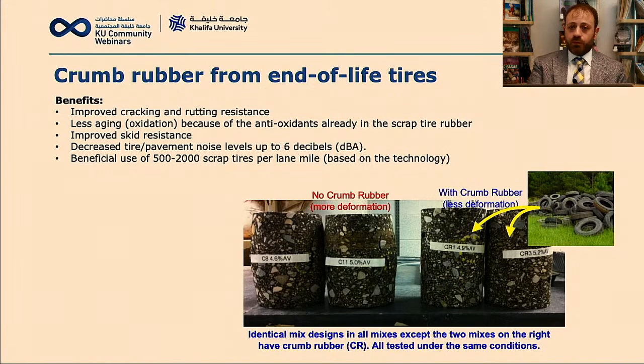Then we can improve the skid resistance of the pavement surface, and some studies show that we can decrease the tire-pavement noise up to 6 decibels, which is really a significant reduction of the noise due to trucks and cars passing on our infrastructure.